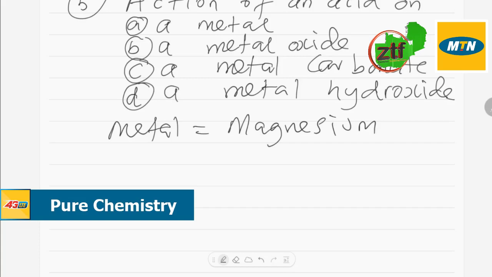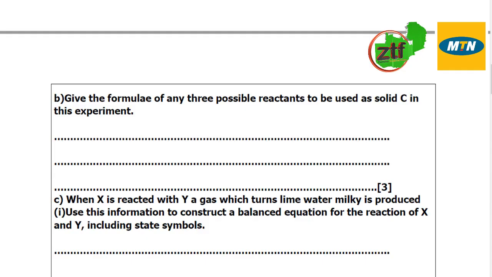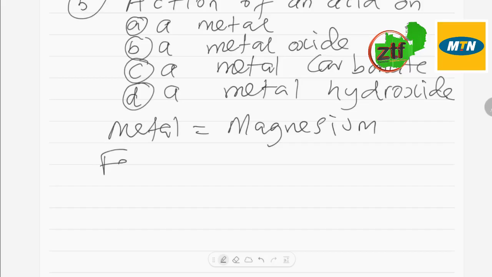It can also be magnesium oxide, magnesium carbonate, and magnesium hydroxide. So where there's metal, just replace with magnesium, and it gives you the possibilities of the solid X. So the question is very specific in this case. It is saying give the formula. So the formulas will be as follows.